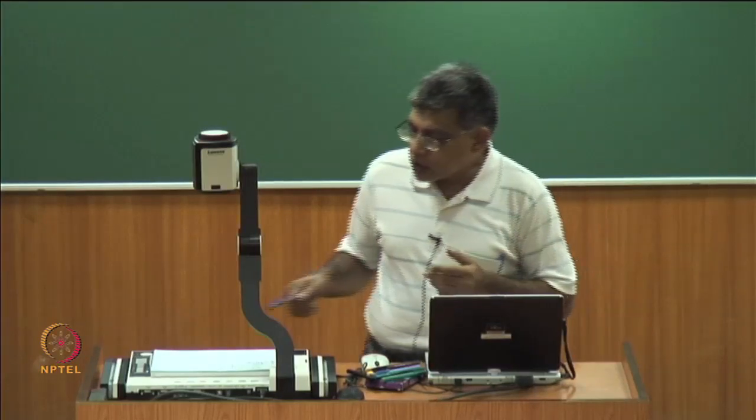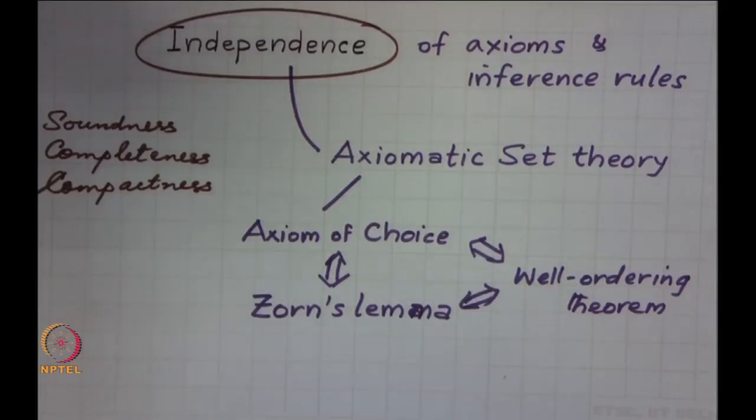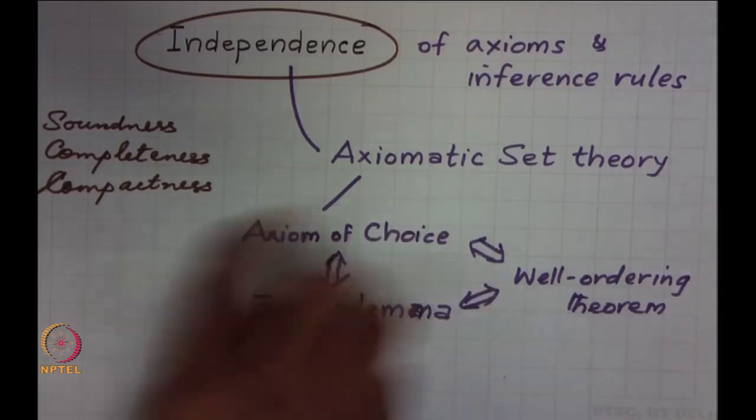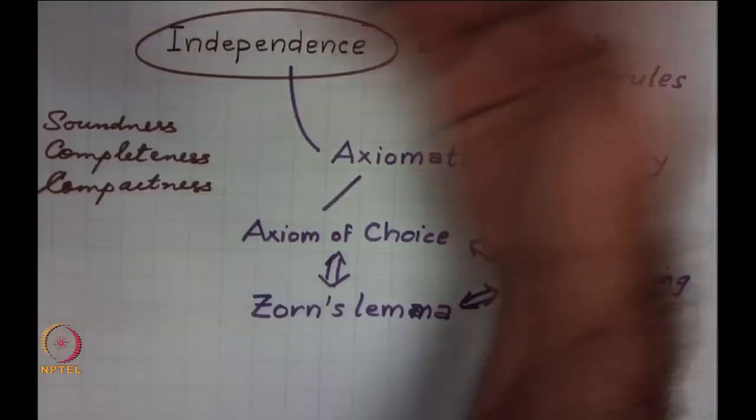All those things require the axiom of choice, or a form of well ordering, or Zorn's lemma. But what Paul Cohen showed in the 60s, well after axiomatic set theory was well established, was that the axiom of choice was actually independent of the other axioms of set theory.